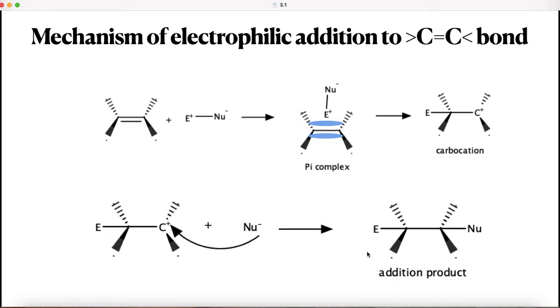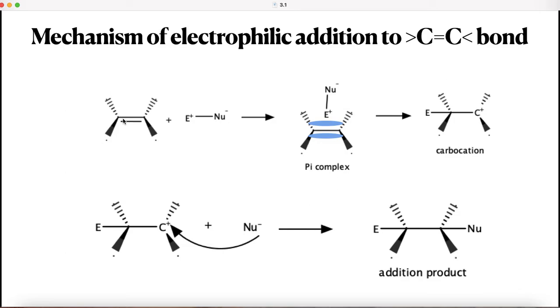Let us study the mechanism of electrophilic addition to a carbon-carbon double bond. This is the alkene which contains the carbon-carbon double bond. When it comes in contact with the reagent, initially the peripheral electrons of the pi bond, which is a weak bond, are easy to move around this carbon-carbon double bond.